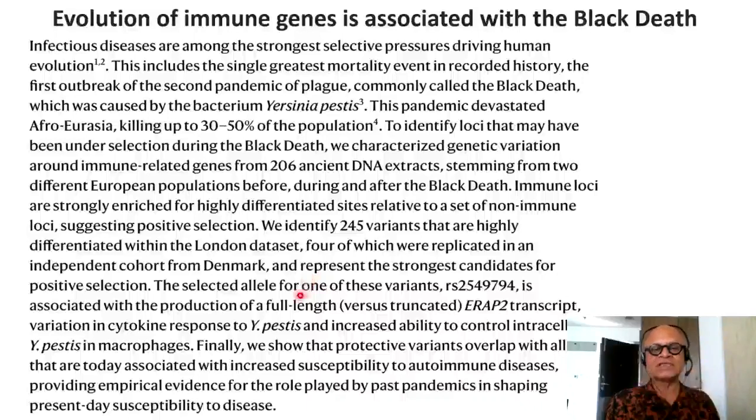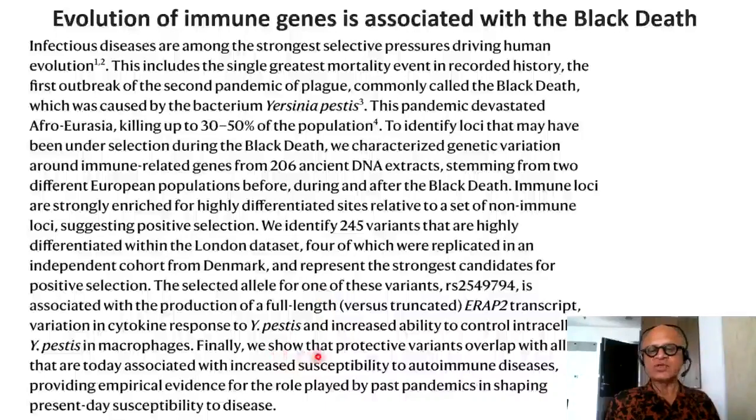Okay, so one of them gets selected, obviously, and ERAP2 transcript is basically a response in T cells and the immune response in the body in responding to perturbations or attacks from viruses like Y. pestis. Okay, and macrophage is a cellular level function that identifies the invader and tries to fight them. Okay, so that's the simplest explanation I can give.